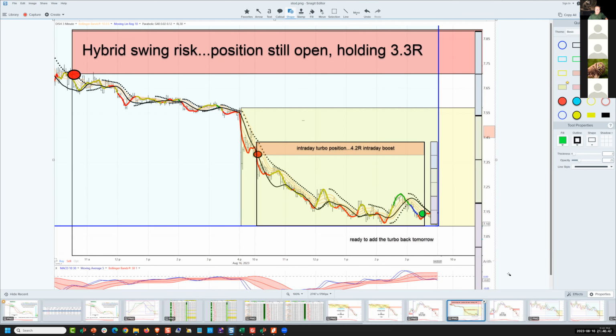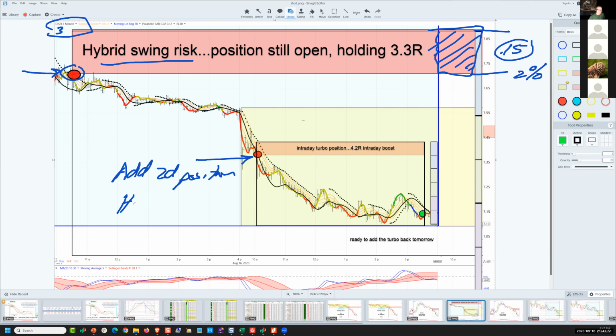And now this turned out to be where I added the second position on the hybrid swing. You know how I do that? I'm on the 3-minute chart and I make this entry right here. This is the standard normal intraday turbo position. And here's the logical place to get out of that before I go overnight.